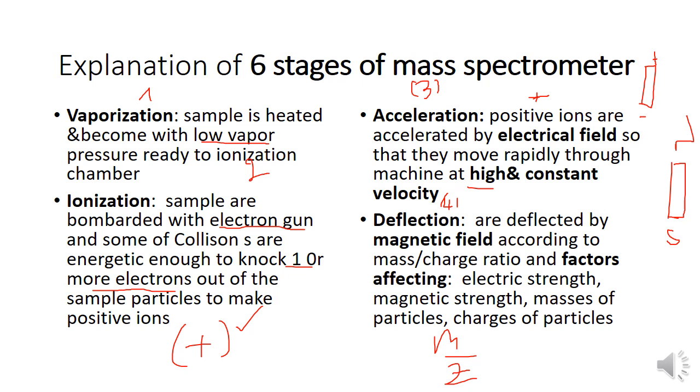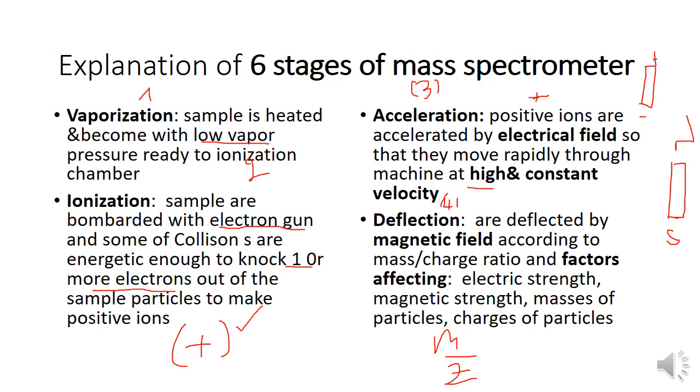The ions are deflected by the magnetic field according to the mass over charge ratio. The heaviest ion is deflected the least, whereas the lightest ion is deflected the most. I explained this in the previous slide. In order to understand, we can play the previous slide again.